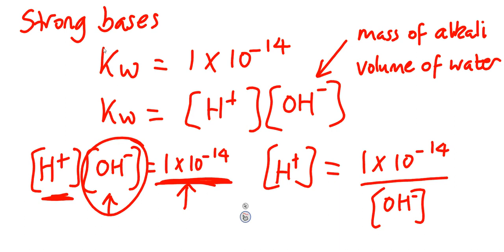And hopefully you can see that we may at this point be working backwards, so that if we know the concentration of hydroxide, we could then work out, if we were given a volume of solution or we were given a mass of alkali, we could potentially work out the Mr of the alkali. Or if we were given the Mr of the alkali, we could work out the mass of the alkali. All of these are the kinds of calculations that the examiners could set. So that's really just a very, very basic reintroduction to the idea of calculating pHs of strong acids, weak acids, strong alkalis.